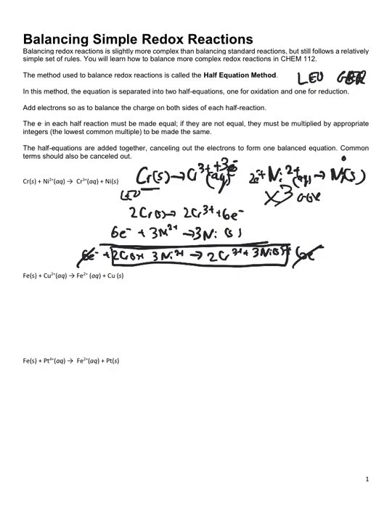I need to check that it's balanced. You've got to have the same number of each type of atom on both the reactant and product side. I've got 2 chromium and 2 chromium, and I've got 3 nickel and 3 nickel, so my atoms are balanced. I need to check to make sure my charge is balanced. On the reactant side, I've got 3 nickel 2+, so that all adds up to +6.